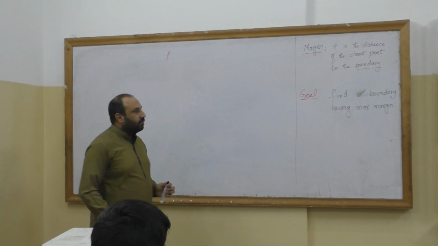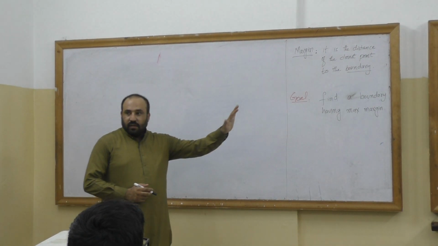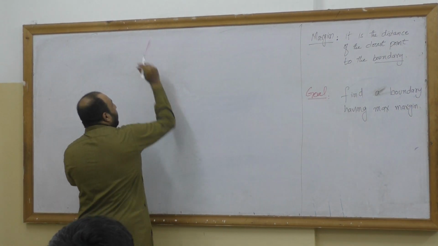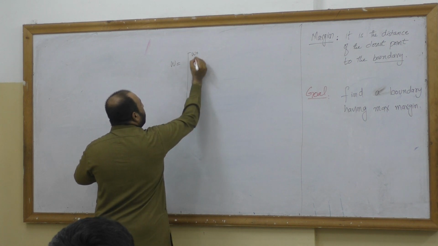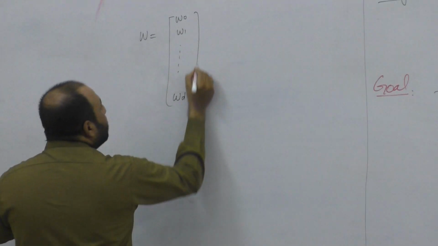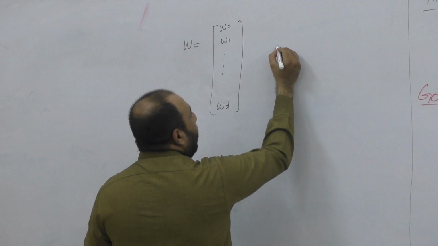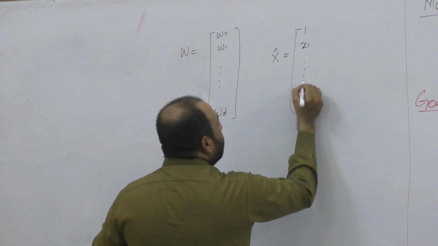Okay, so one modification that I am going to use now: अब तक हम ये यूज करते हैं कि W is this, W0, W1, WD, where D is the dimension of the data, or X extended is 1, X1, XD.